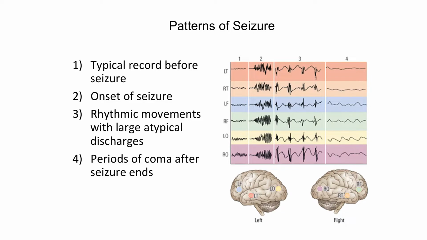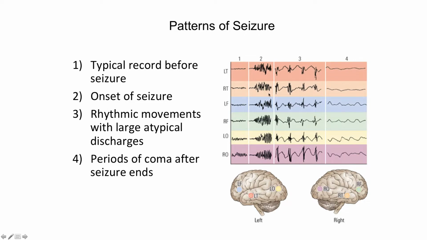In the picture on the right, you see examples of the EEG pattern recording during a generalized seizure. The dots on the hemispheres below, as you can see right here, are the approximate recording sites. The column numbers are the stages of the seizure. So you have 1, 2, 3, 4. Number 1 is a typical record of before a seizure.